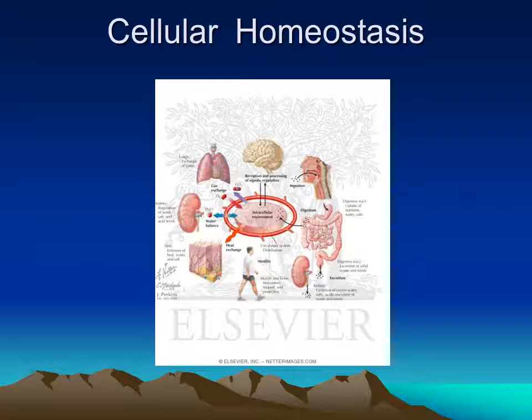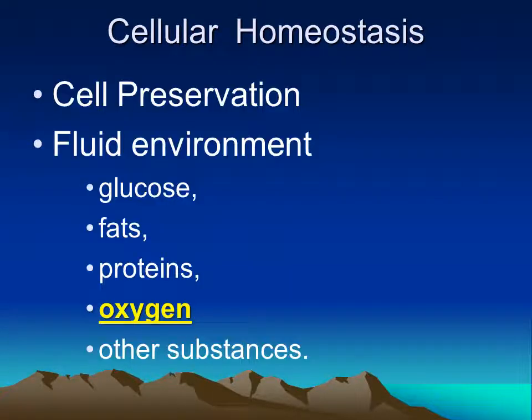If one organ fails to function, all the body cells will begin to die. As long as the fluid environment in the cell contains the appropriate amount of glucose, fats, proteins, and oxygen, as well as other substances, the cell will thrive.